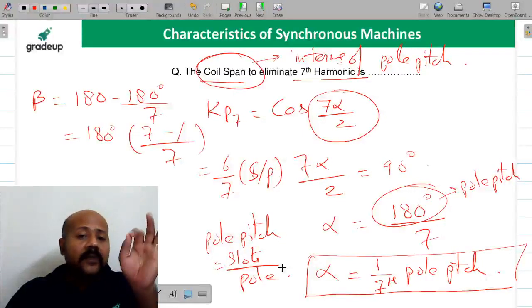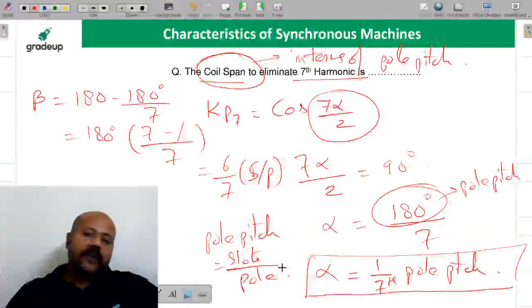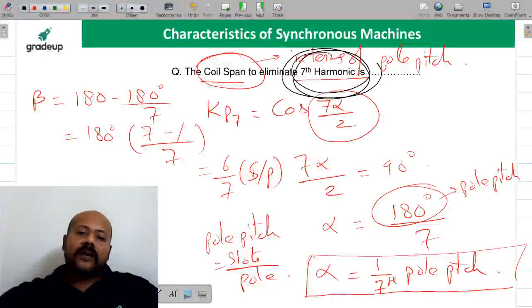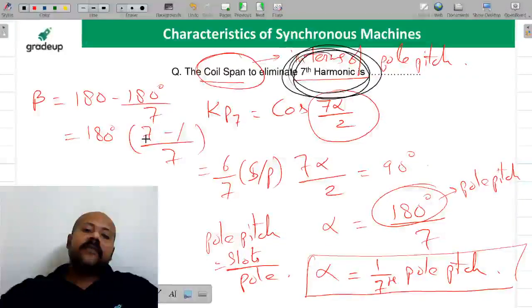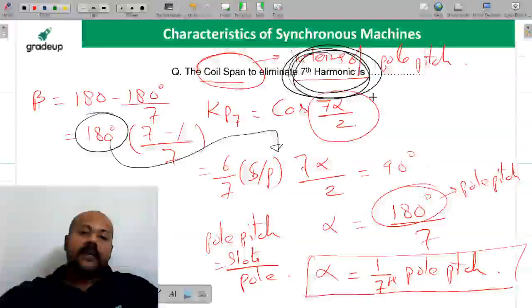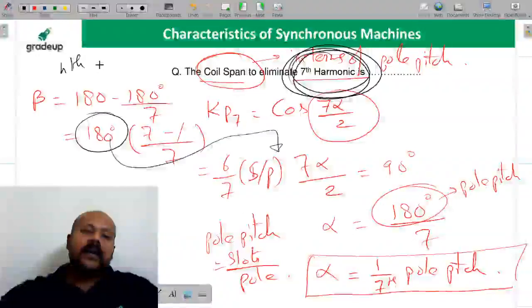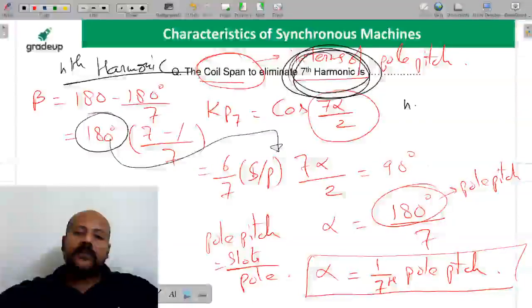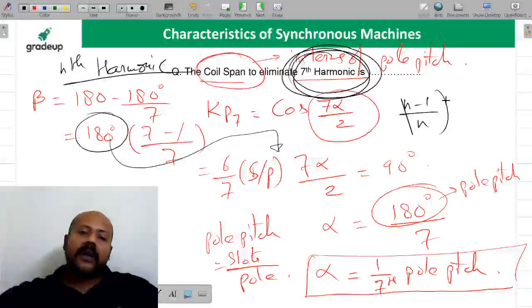Now from here we are going to understand a very important point. If you want to remove the 7th harmonic, then you have 7 minus 1 upon 7 of the pole pitch. Suppose you want to remove the nth harmonic. How much should the coil span be in terms of pole pitch? It must be n minus 1 upon n pole pitch.